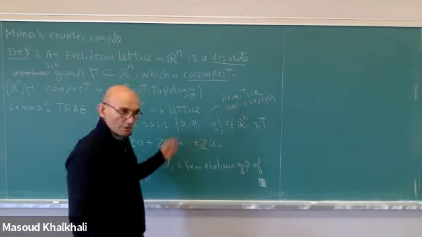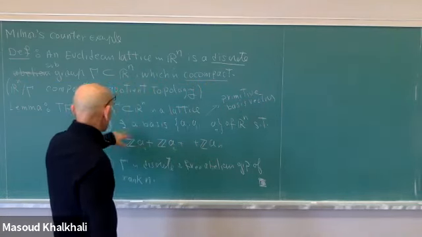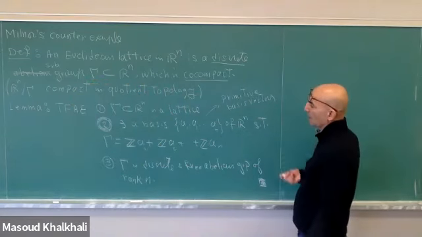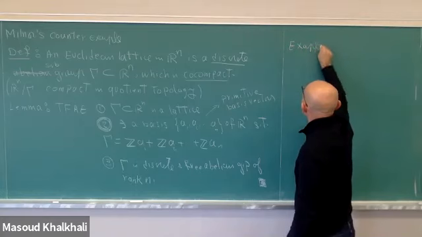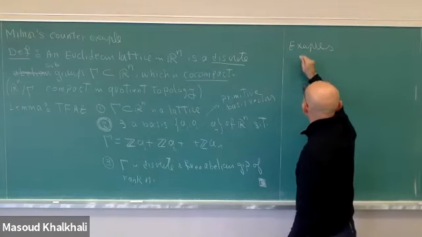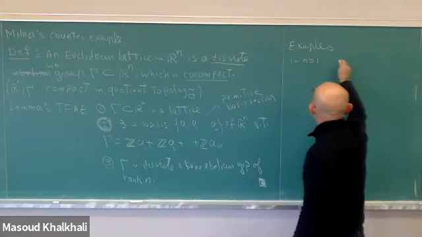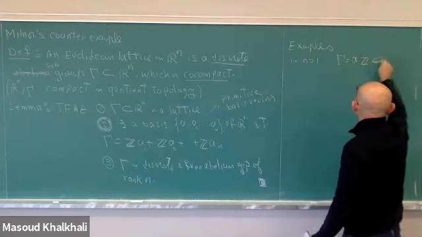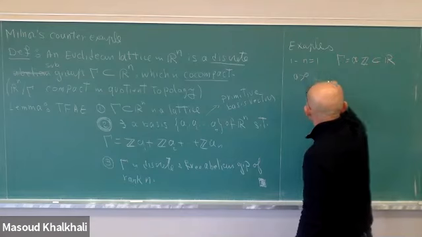One thing we have to notice, so let me give you some examples before going and doing anything else. Of course, the simplest example: you can take n equal to 1 and gamma equal to AZ inside R, where A is any positive number.